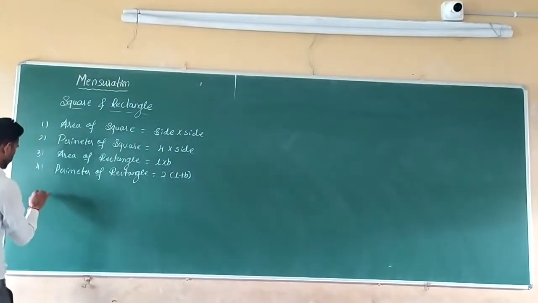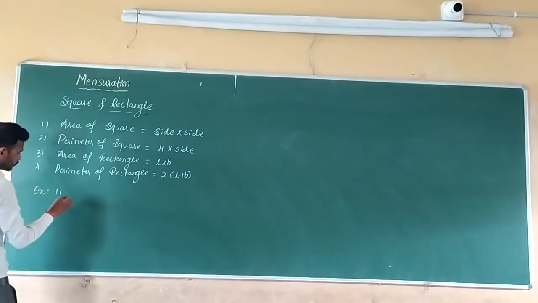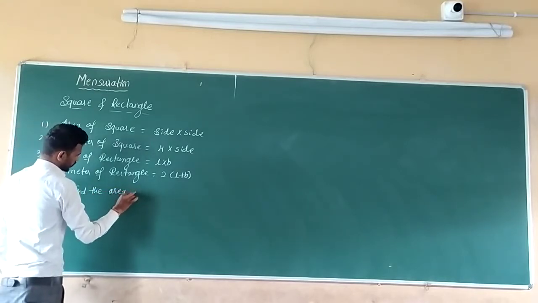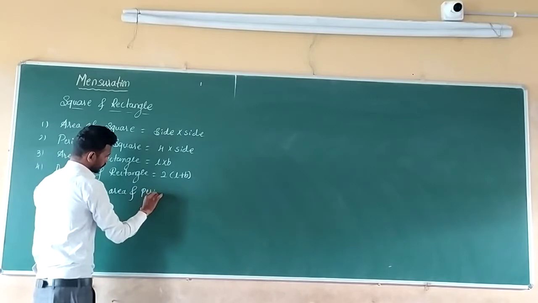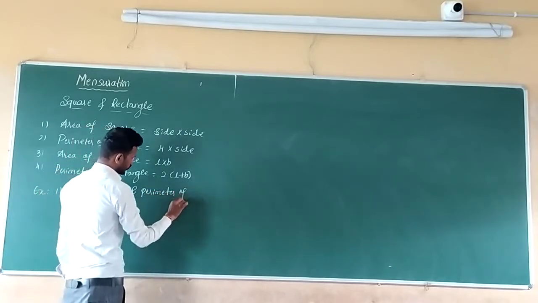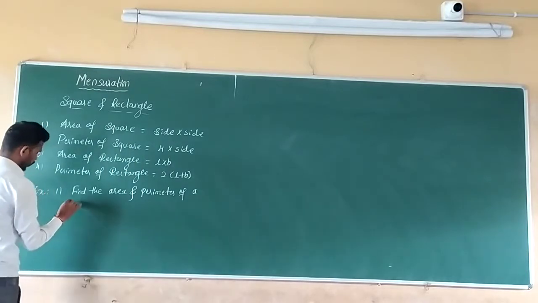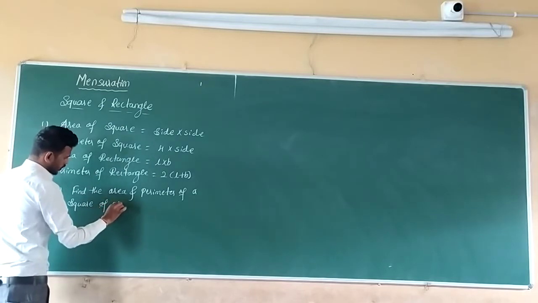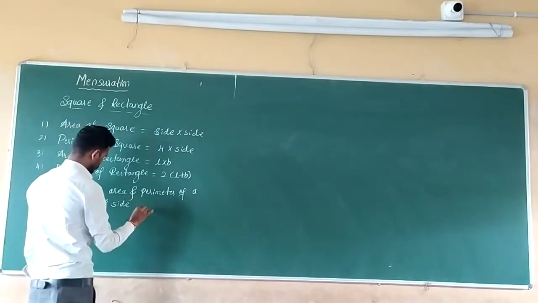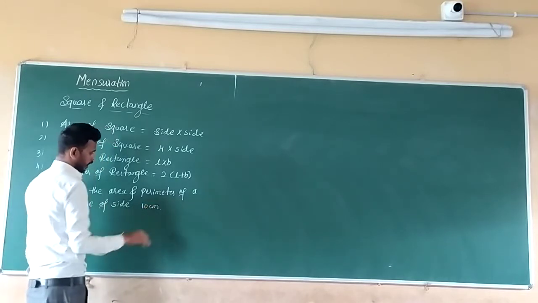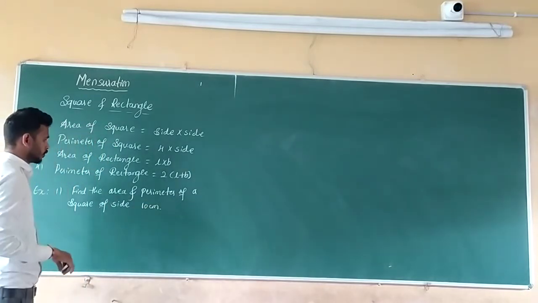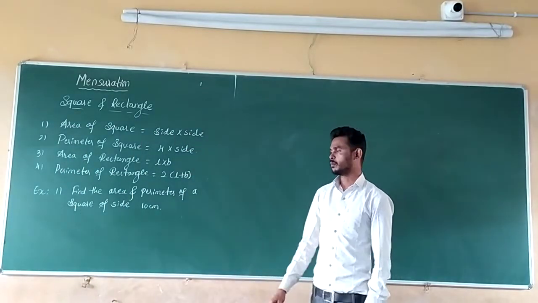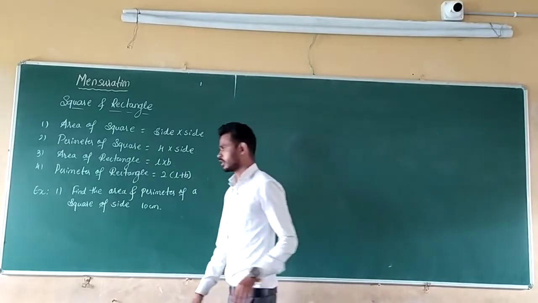Now let us examine some examples. Find the area and perimeter of a square of side 10 centimeter.